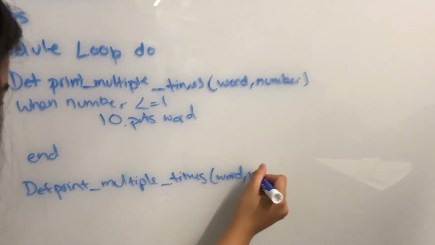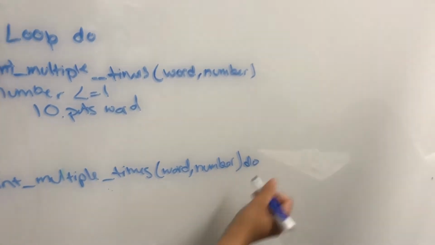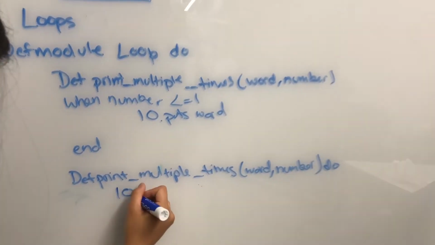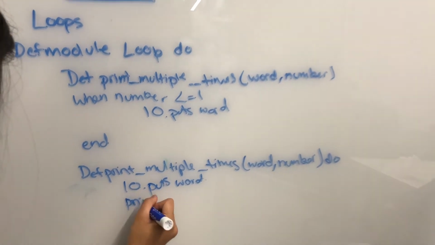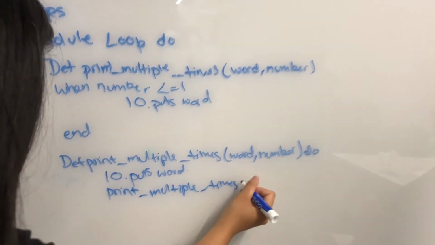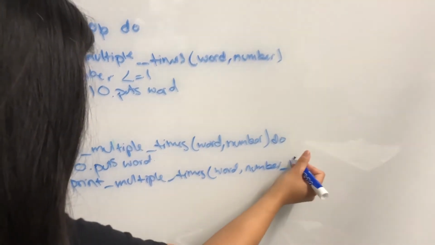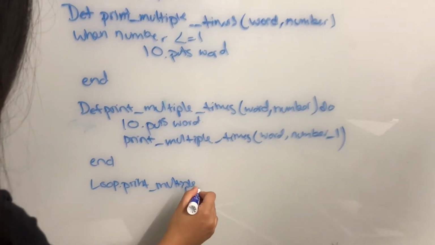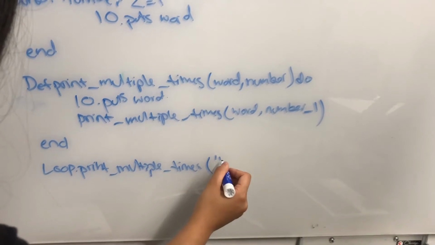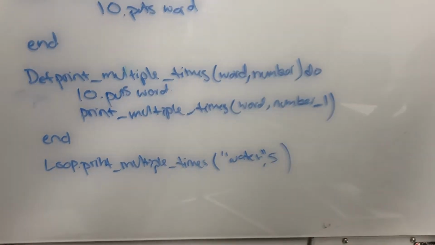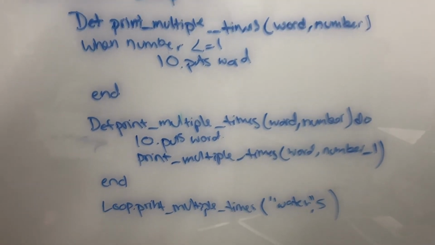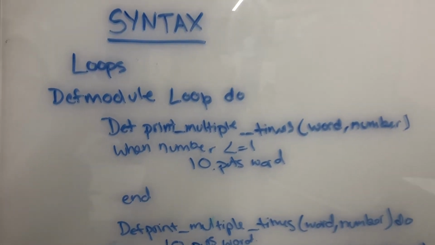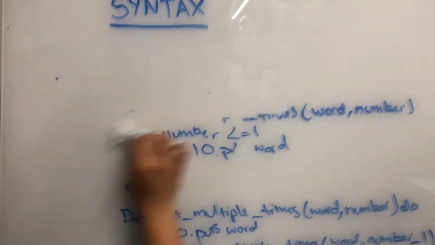We have a clause when number is less than or equal to 1, IO.puts the word. And then we want to end that statement and have a different one that will change the function itself. Once again, same arguments, word and number, and then do IO.puts word, and then call print_multiple_times so that we can have a recursion. Then we call the function with water and the number of times we want it to print, 5, and that'll print the word water 5 times.